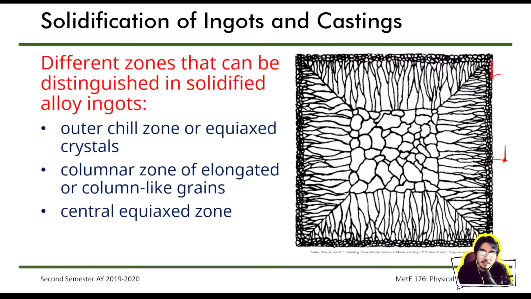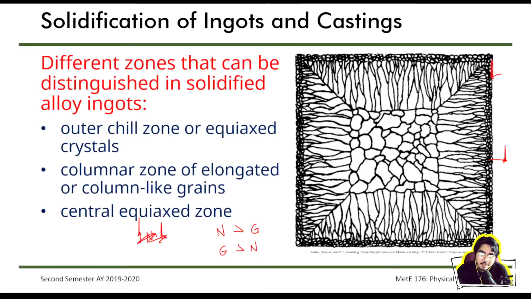So in general, if nucleation is faster than growth, then you will produce smaller grain sizes. But if growth is faster than nucleation, then you will produce larger grain sizes.